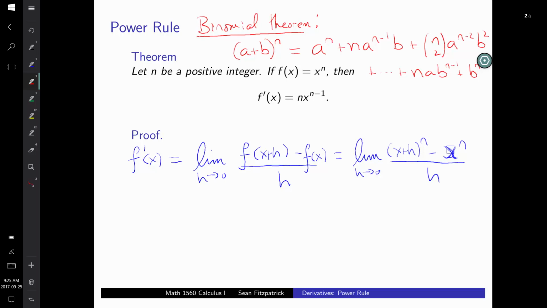So a general term in this expansion looks like n choose k, a to the n minus k, b to the k, and k could be 0, 1, 2, all the way up to n. We don't need to worry too much about this.